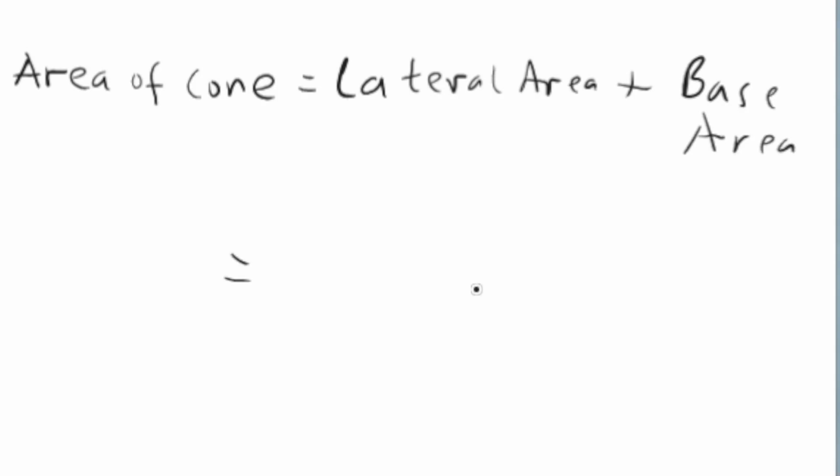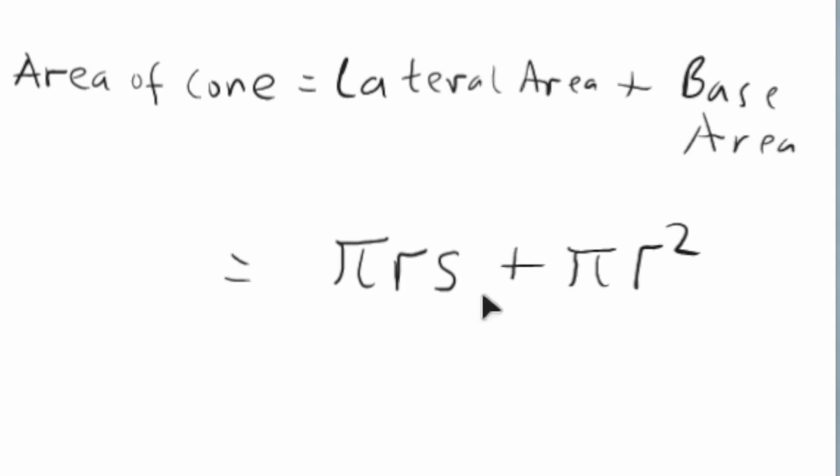And then we know that the lateral area is pi r s, and the base area is pi r squared. And that will give you the area of a cone.